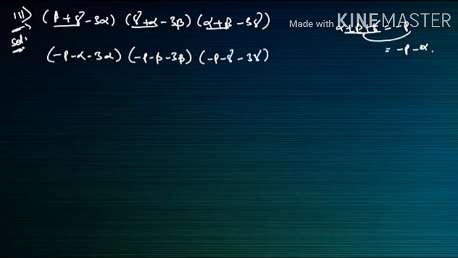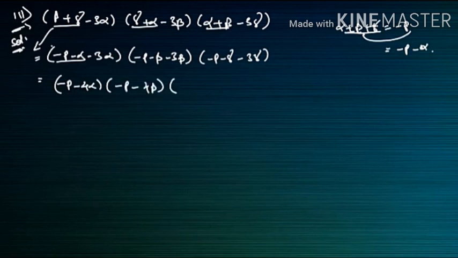So this equals minus p minus 4 alpha, into minus p minus 4 beta, into minus p minus 4 gamma.